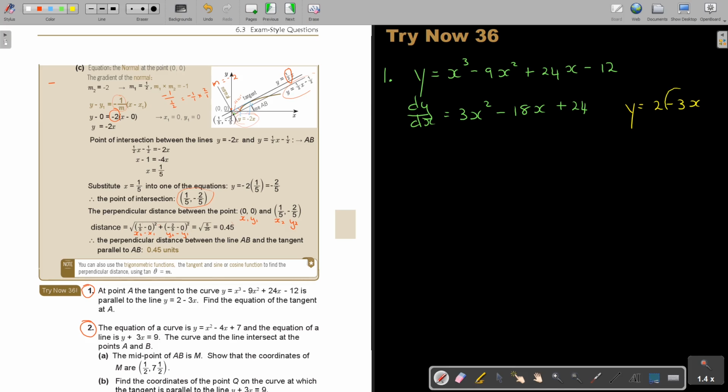The value in front of x, my value of m, is negative 3. I'm telling you the tangent is parallel to this line, so this gradient, not the stationary point, is negative 3. So in the place of dy by dx, I put that negative 3.